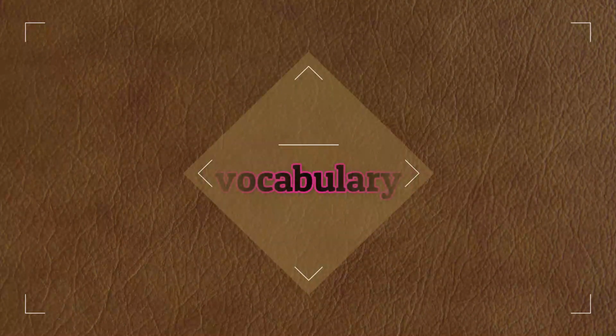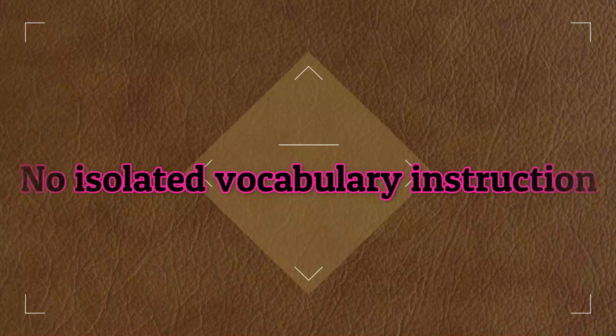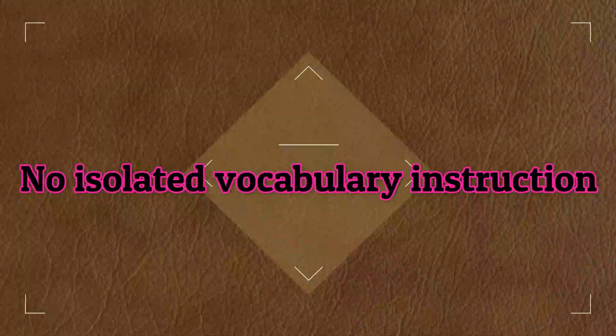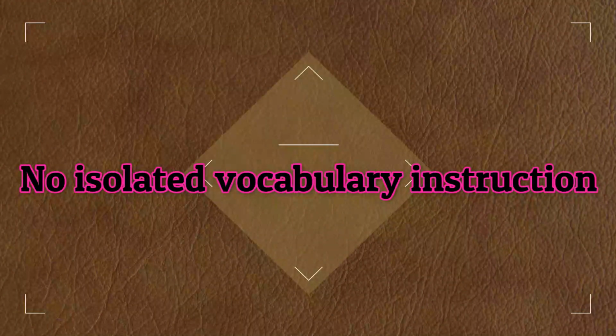Then there is no gap between active and passive vocabulary. There is no isolated vocabulary. Vocabulary is taught through demonstration and it is explained in sentences. It is not taught in isolation.